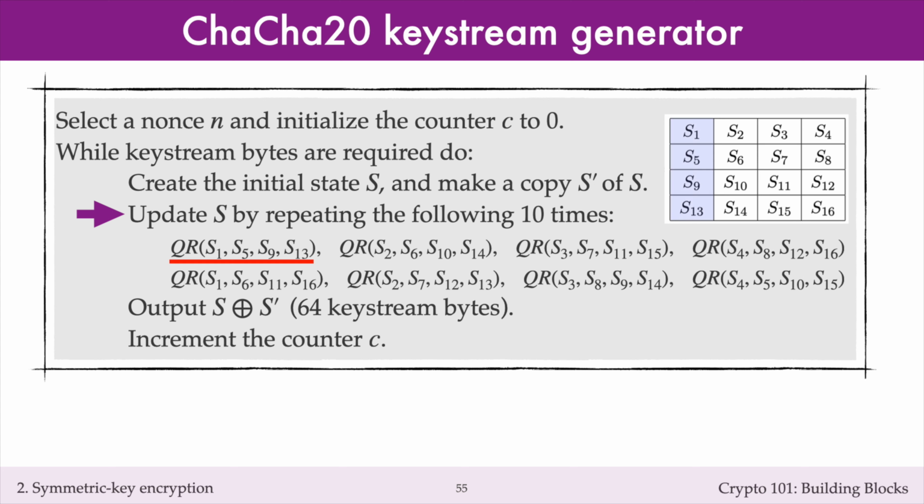Alice first applies a quarter-round function to the 4 words S1, S5, S9, and S13.